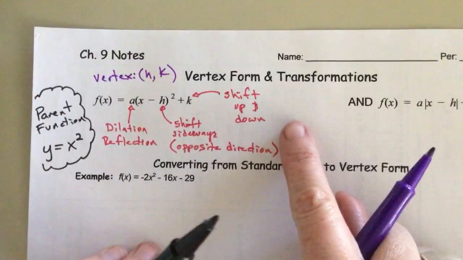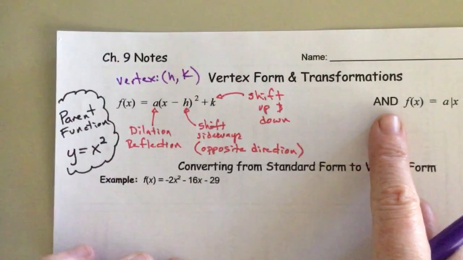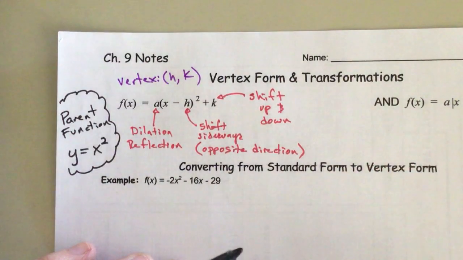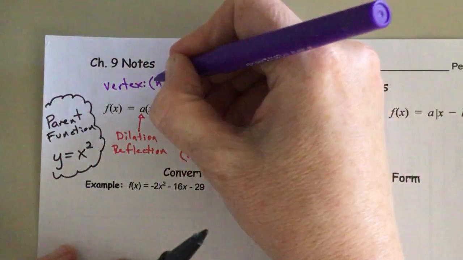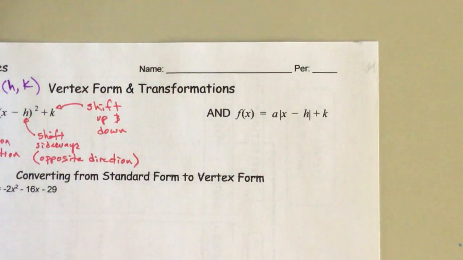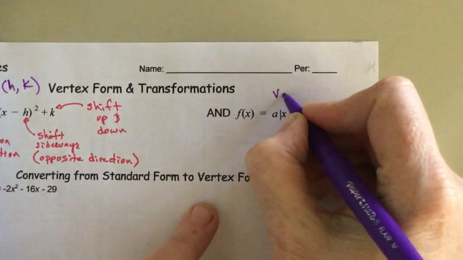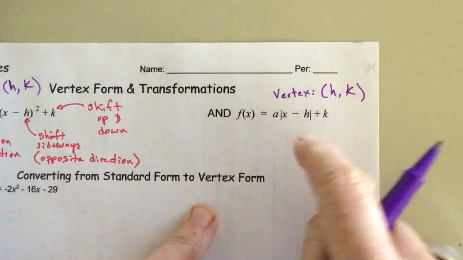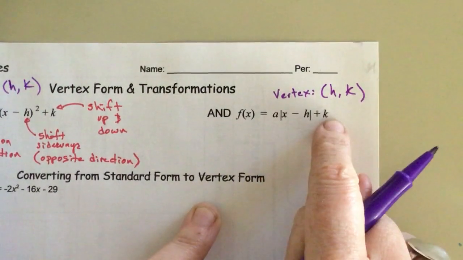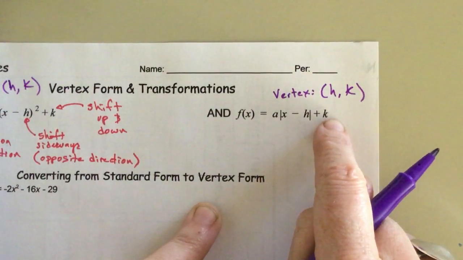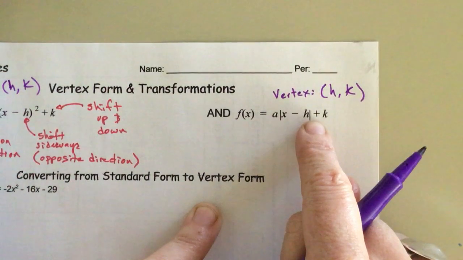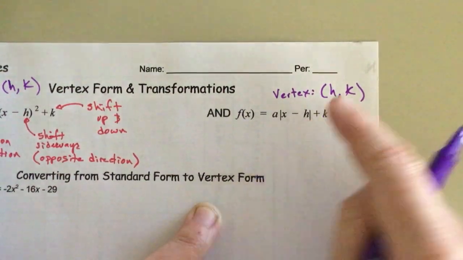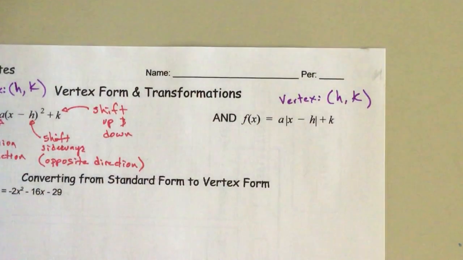And we end up having the same situation over here with your absolute value. For absolute value, you end up having a vertex again at h comma k. All these numbers are going to transform your absolute value function the same way they do on the parabola.